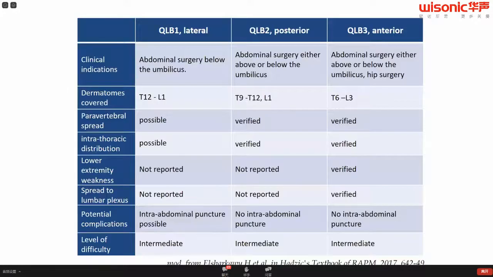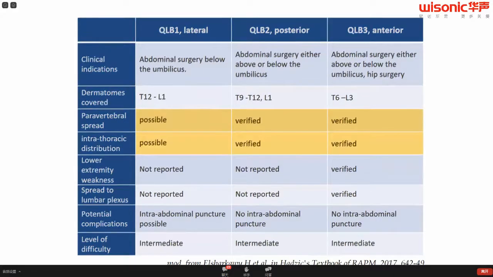Summarizing the data from the cadaver and clinical studies, we can say that after a lateral quadratus lumborum block, the dermatomes covered are T12 to L1, after a posterior QLB from T9 to T12 and L1, and after an anterior QLB from T6 to L3.